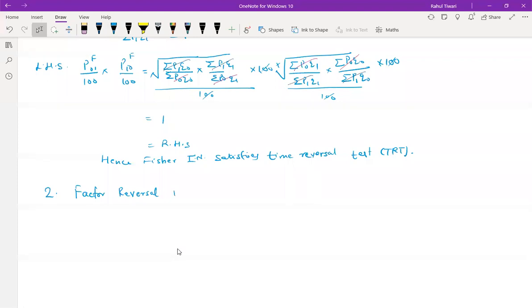I hope you can hear the voice of friends, right? So what does this factor reversal test suggest? As I said, time reversal test is when you are changing the time.